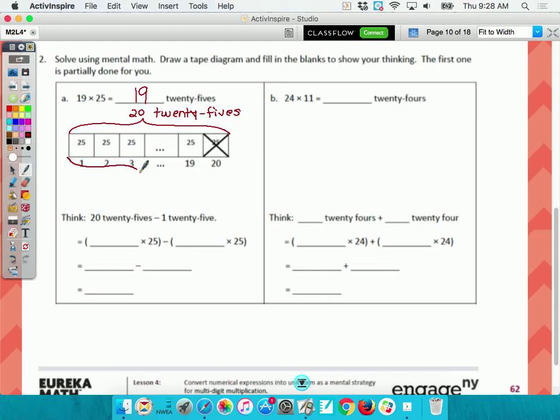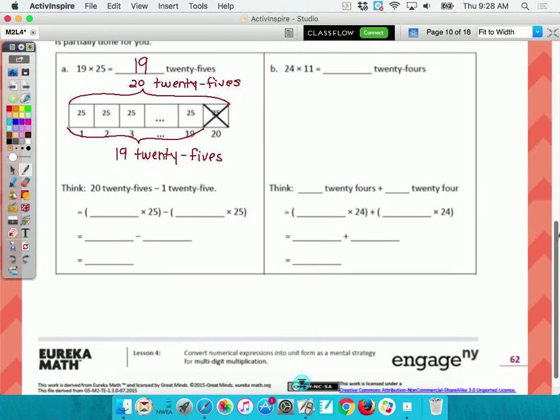And the actual amount we need to figure out is what? 19 25s. That needs to be spelled correctly because it's right there in front of you. You can just copy it down.